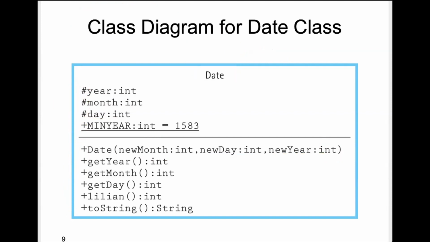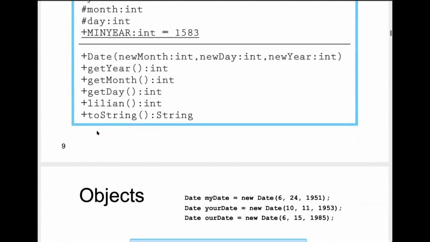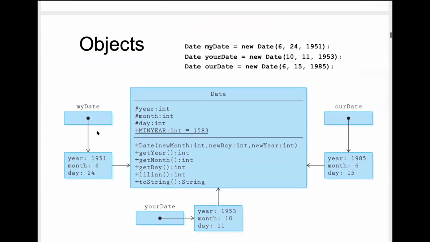Let's move on to the next one. Okay, so in the previous slide, we had the date class diagram. And this is the object diagram, where you have multiple copies of your date, depending on the arguments you specify for the year, month, and date of that date object.